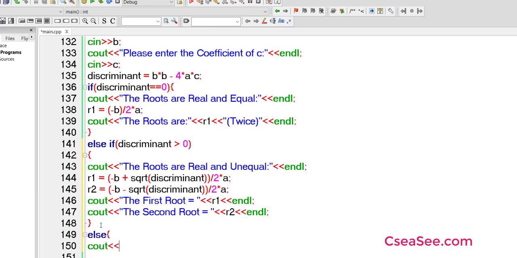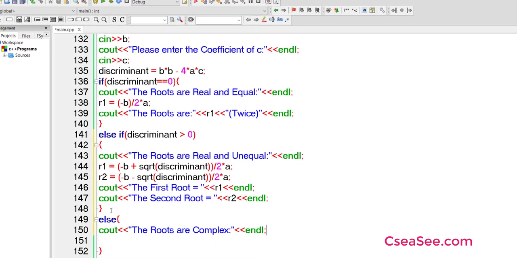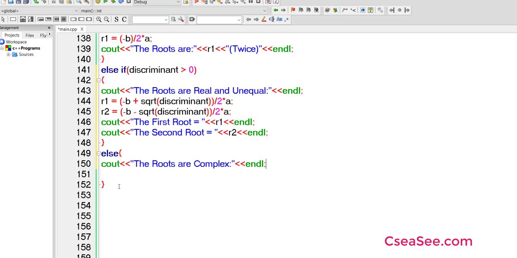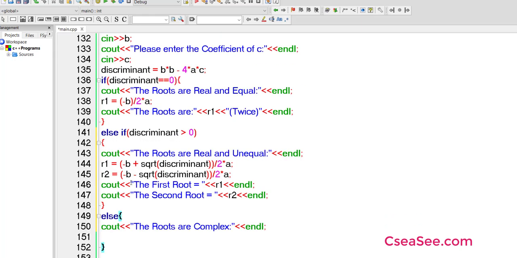Now if this fails, this completes the else if. If this fails, then you'll have to say cout, the roots are complex, right? That would be sufficient for the program. And we have to also give a return 0.